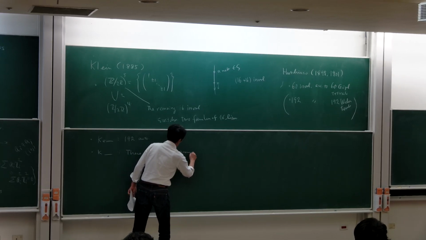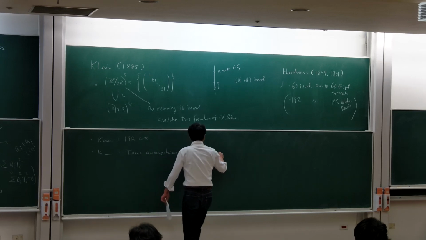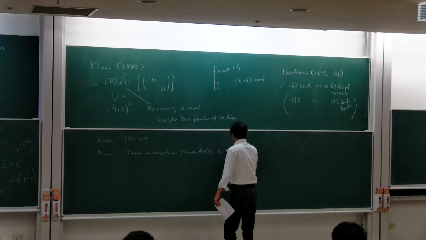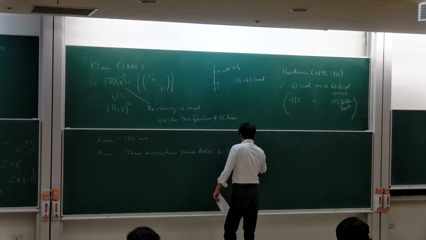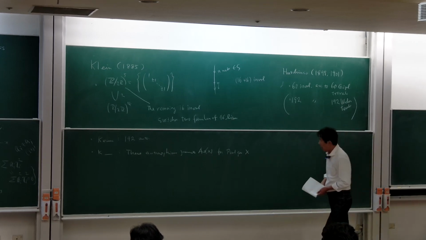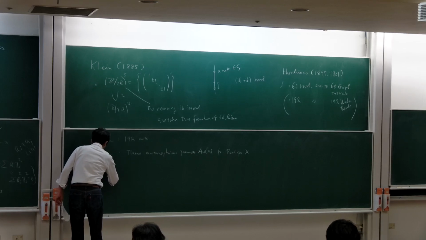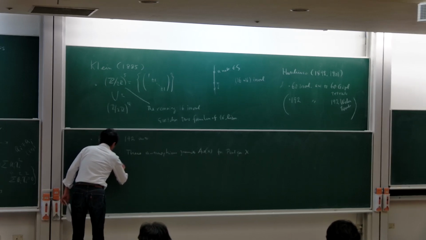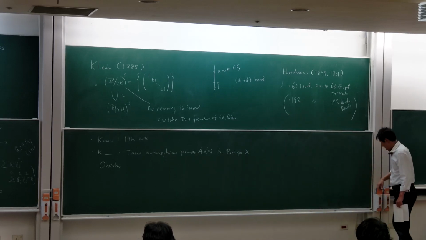that these automorphisms generate the automorphism group for a Picard general Kummer surface. So, but later, Ohashi-san pointed out the existence of this automorphism.